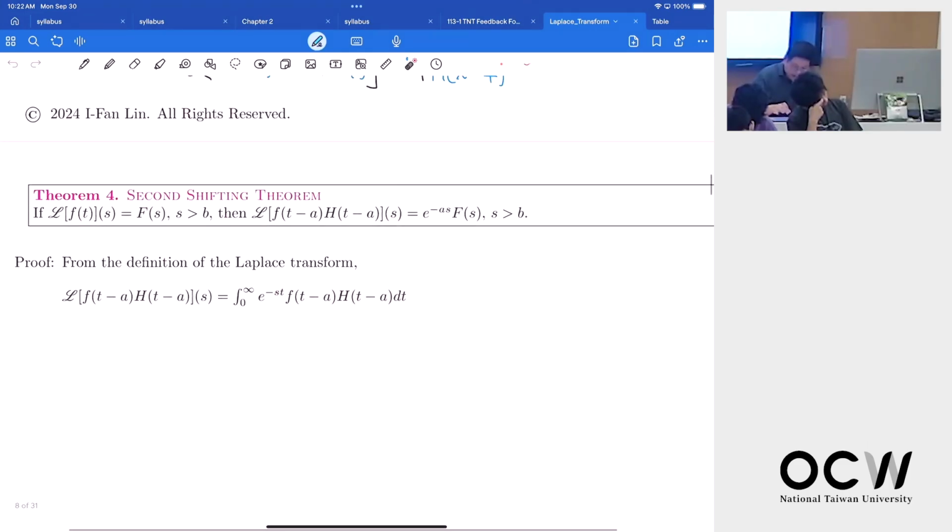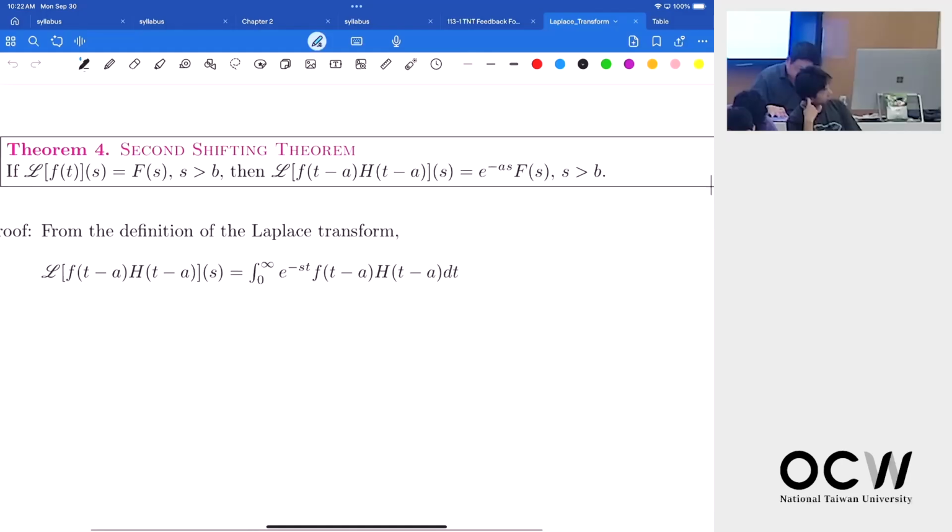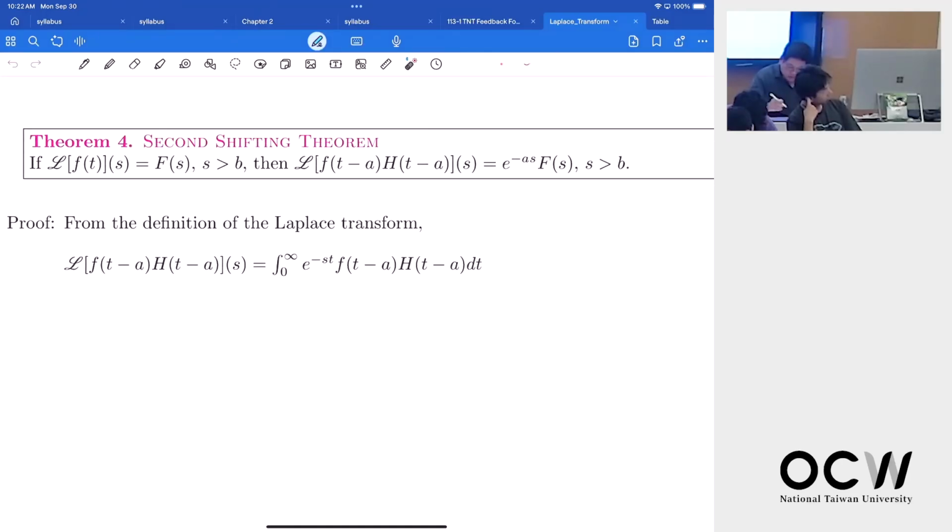We can just use the definition of a Laplace transform to find this. First, we know that this is the integration of e to the minus st times this function, from 0 to infinity.